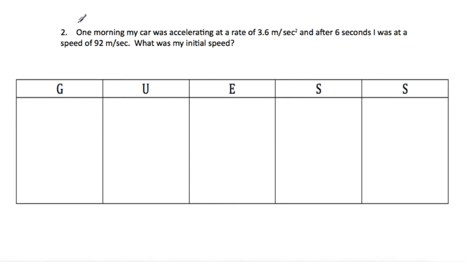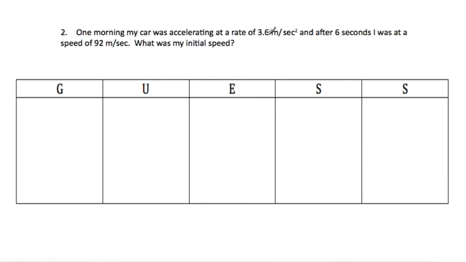Alright, looking forward, problem 2. One morning my car was accelerating at a rate of 3.6 meters per second squared, and after 6 seconds I was at a speed of 92 meters per second. What was my initial speed? Interesting. Alright, so givens. Let's write those.